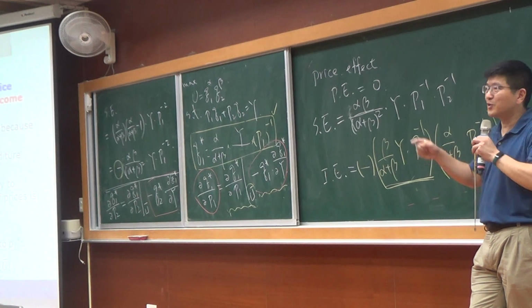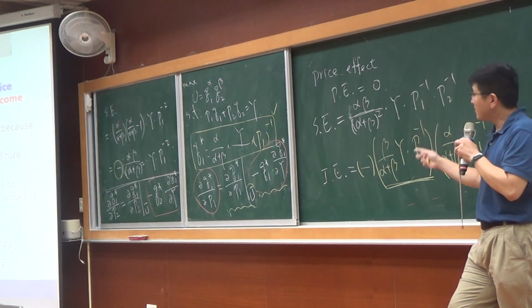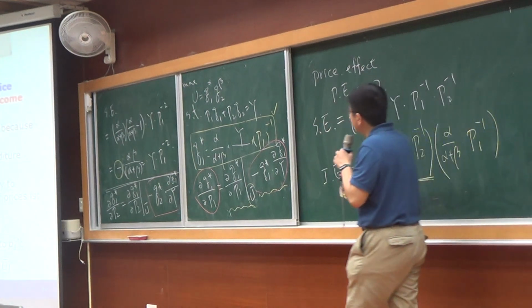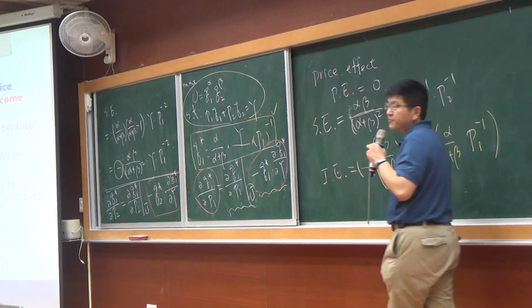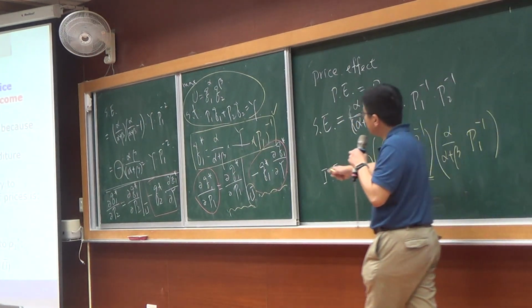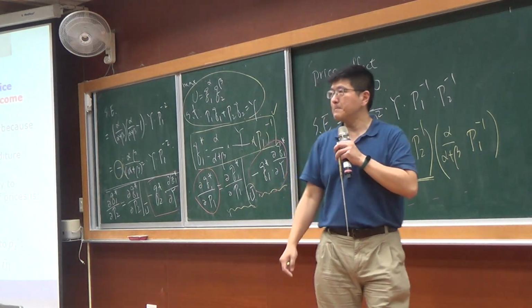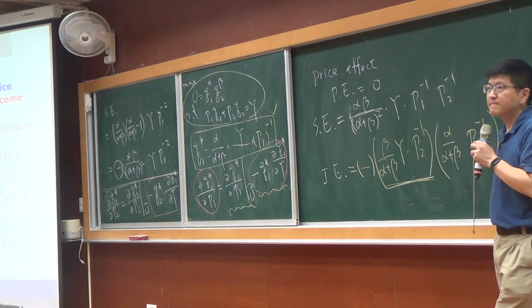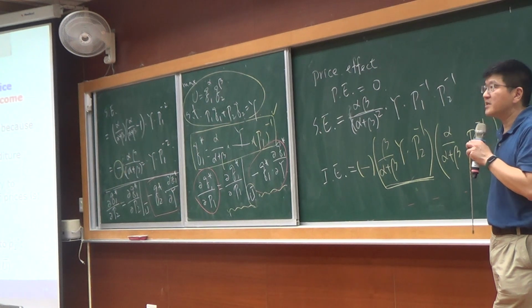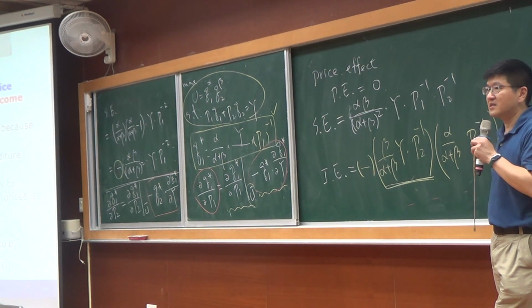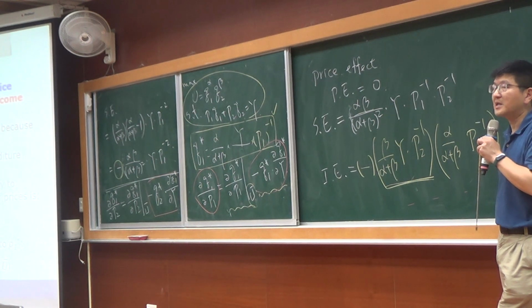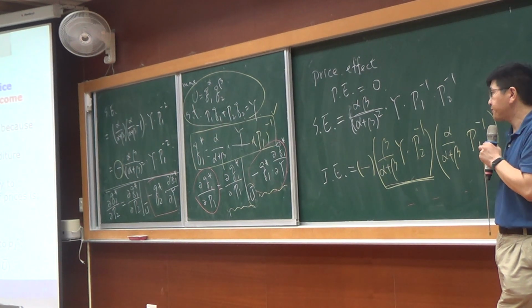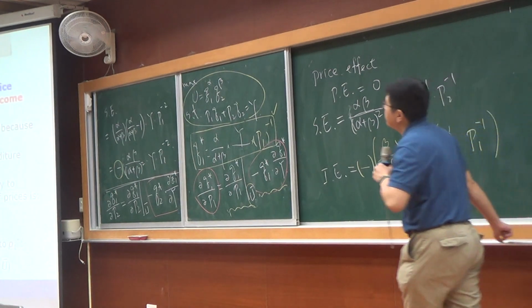You are familiar with the Lagrange method and how to derive the Cobb-Douglas utility function. So you must be familiar enough with this to derive this and this. Okay? If not yet, please practice. Once or twice you will be familiar with this. But you've got to practice. Practice makes perfect.